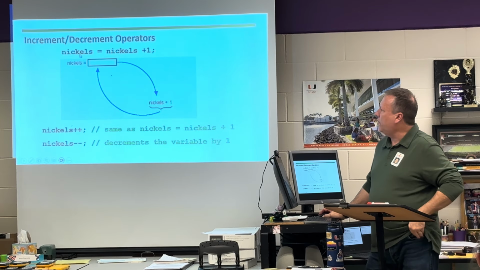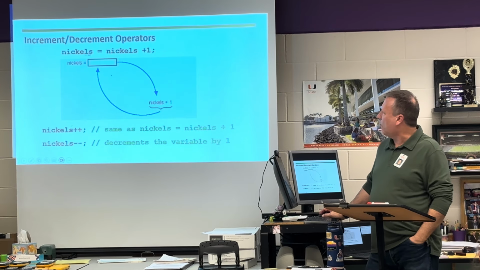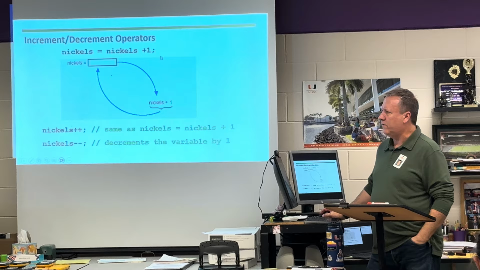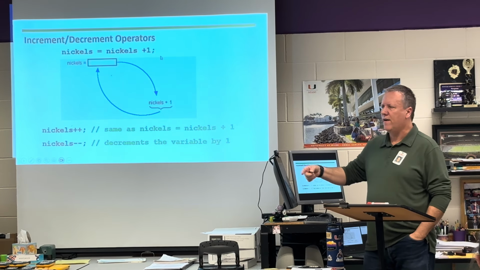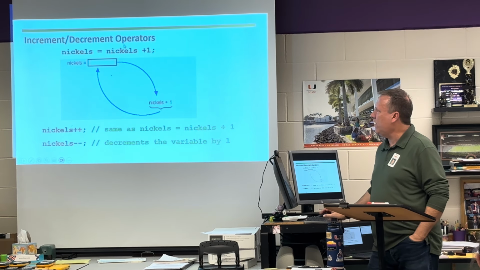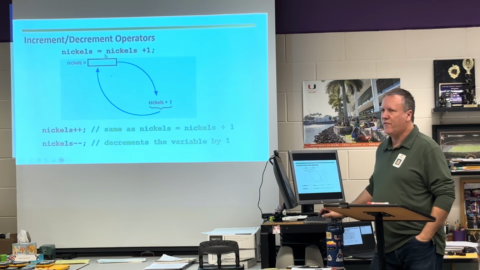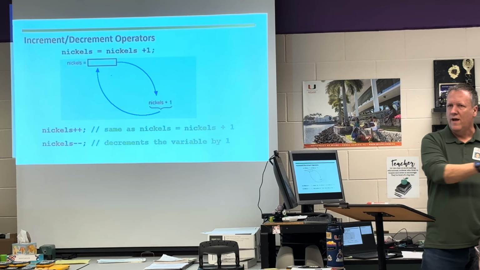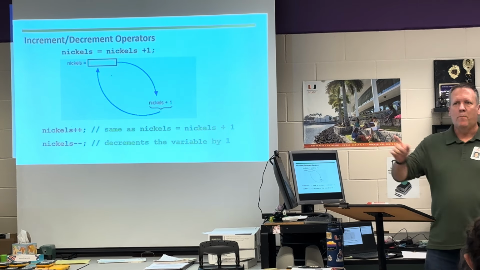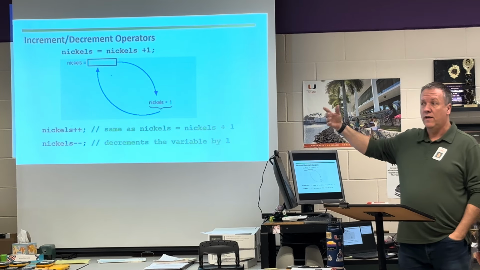So one thing we can do is, this way we would normally add 1 to nickels, we'd say nickels equals nickels plus 1. So if we were counting how many nickels we had. This statement right here drives a math teacher bonkers, because that makes no sense. That can't exist in math, right? Because something cannot equal the something plus 1. X can't equal X plus 1. But equals does not mean equality here.